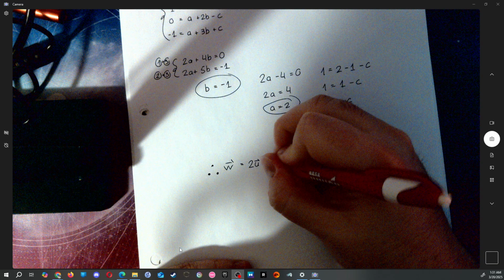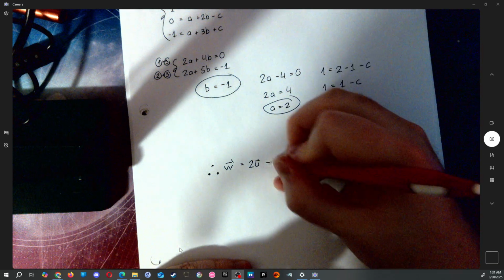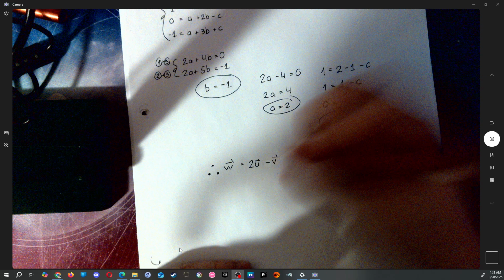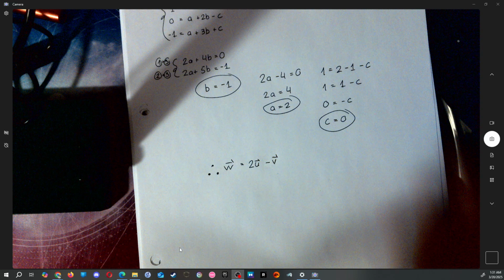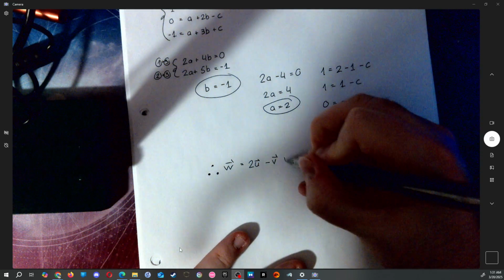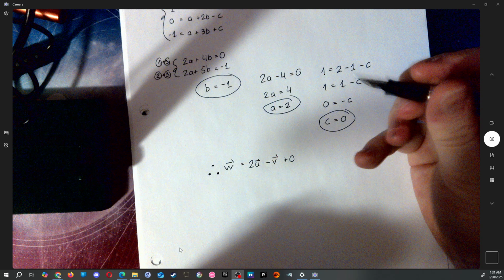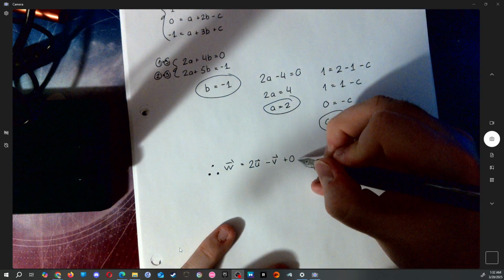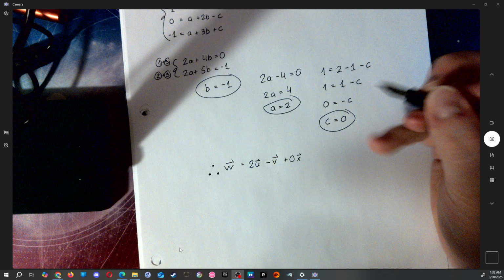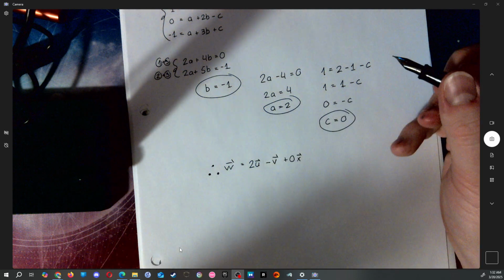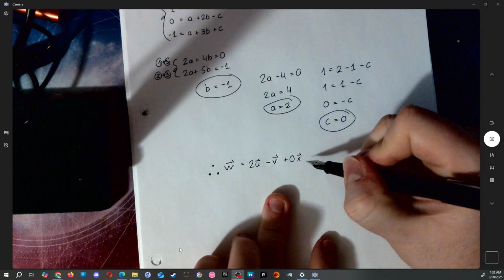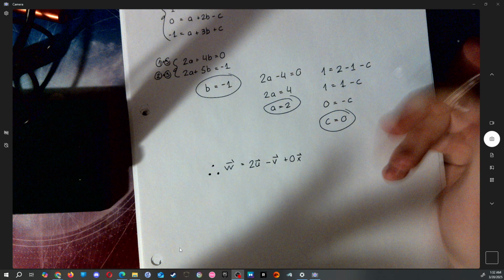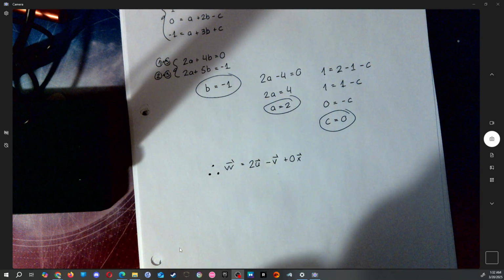And then, well, 0x. So I guess I could leave it off, but actually it has to be written because that's what the question's asking us for. It has to be written as a linear combination of the other three, so we don't want to leave anything ambiguous. We want the reader to know that the value that goes in front of the x is 0.